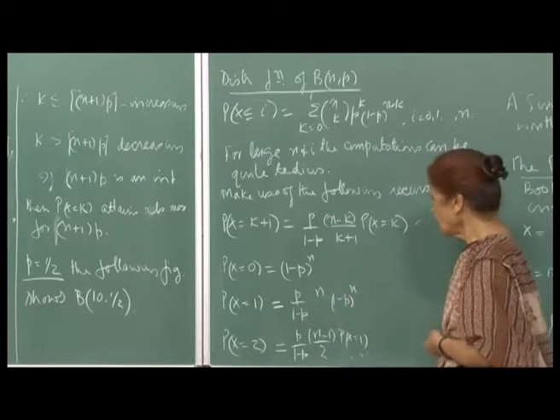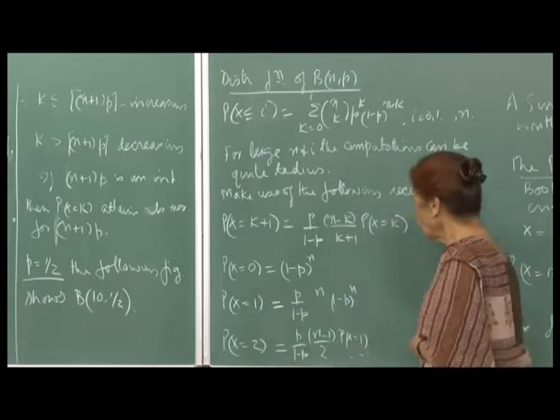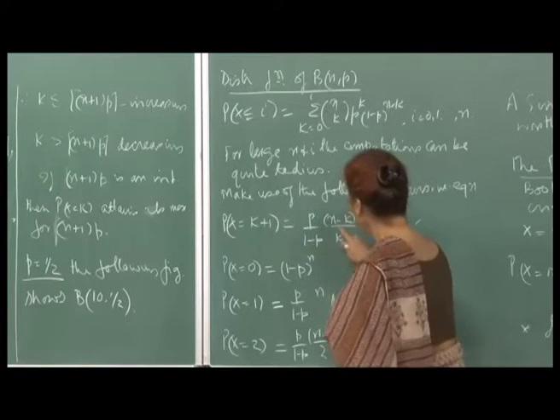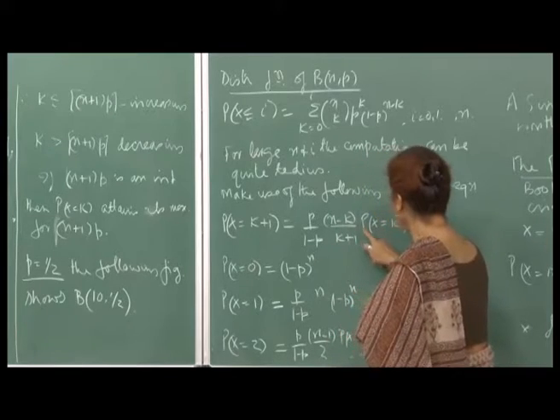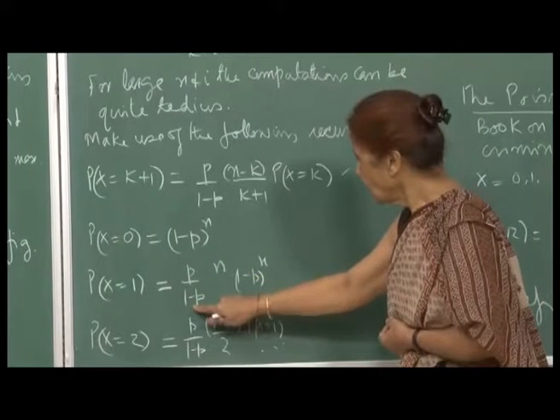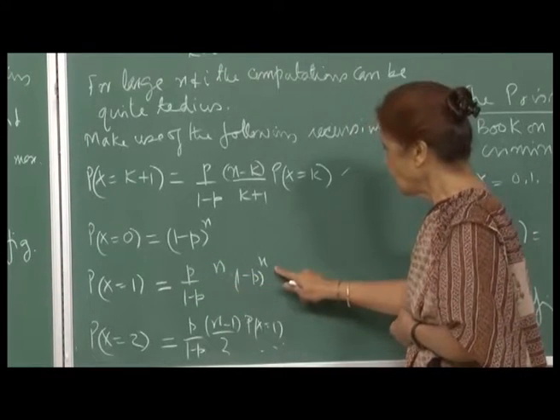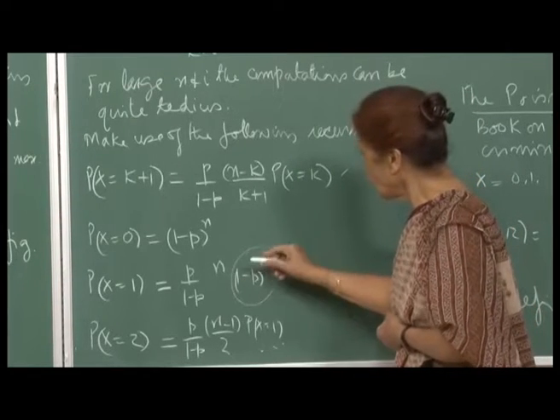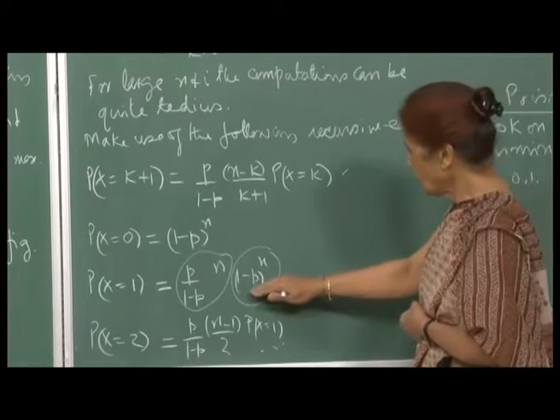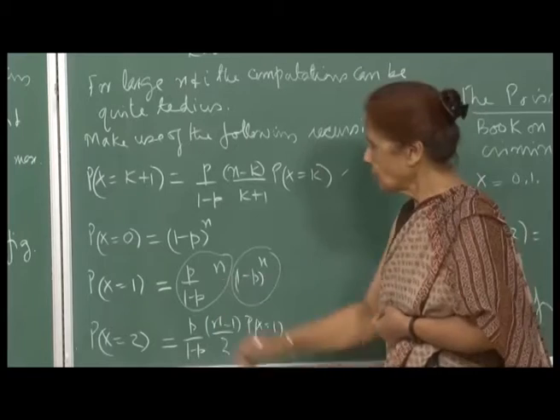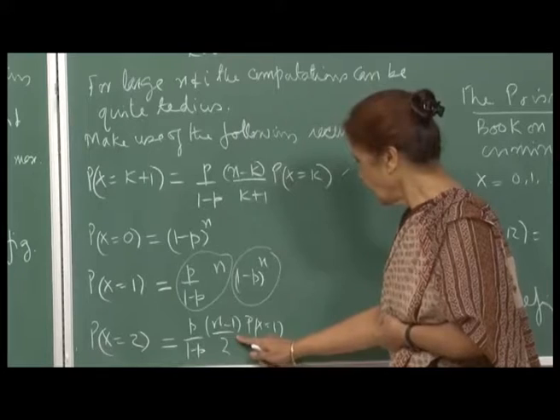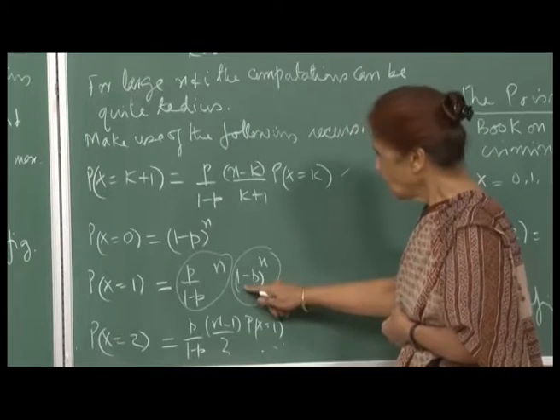So, once you have computed this, then the probability X equal to 1 will be, from this formula with k equal to 0, p upon 1 minus p, times n, times the probability X equal to 0. Therefore, the probability X equal to 1 will be p upon 1 minus p, n, 1 minus p raised to n. So, if you have already computed this number, then you simply multiply the probability X equal to 0 by this number to get the probability X equal to 1, and then similarly the probability X equal to 2 would be this number multiplied by the probability X equal to 1, which you have already computed.